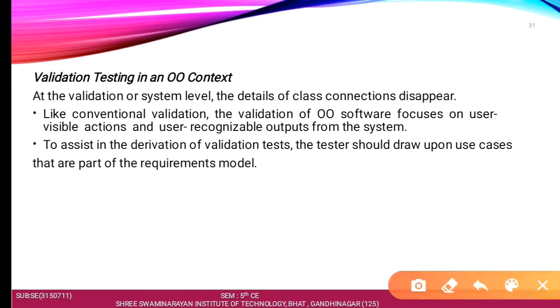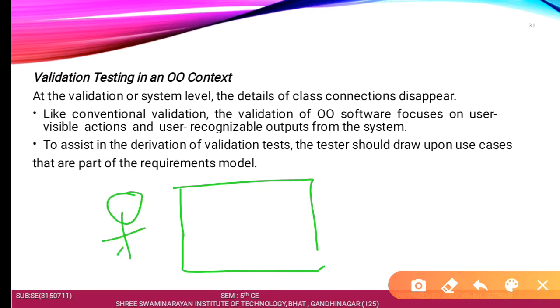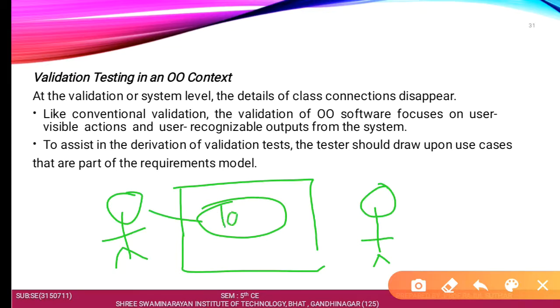A use case is nothing but the activity performed in the use case diagram. In a use case diagram, there is an actor, and this actor performs a number of activities, like the user performing the login activity.